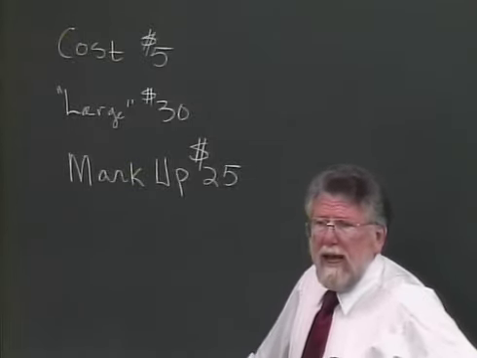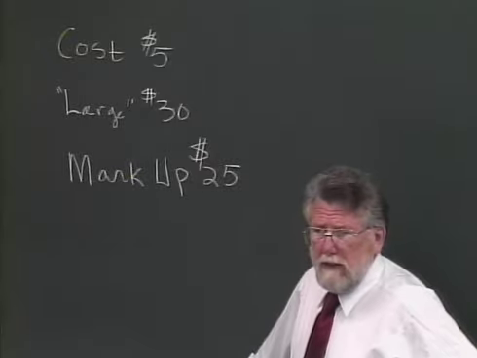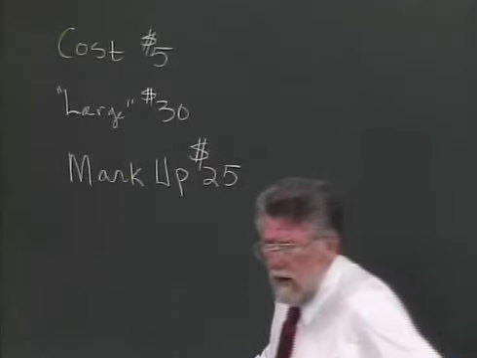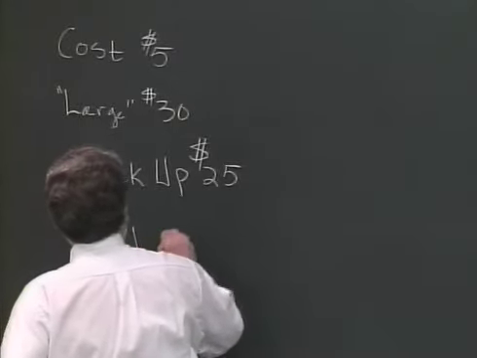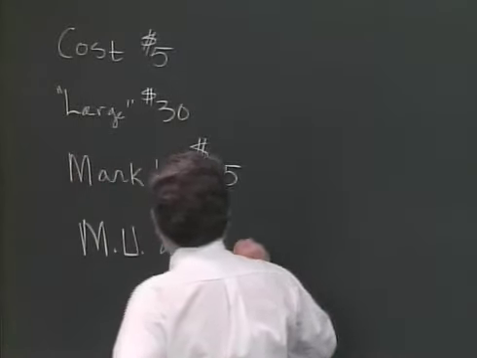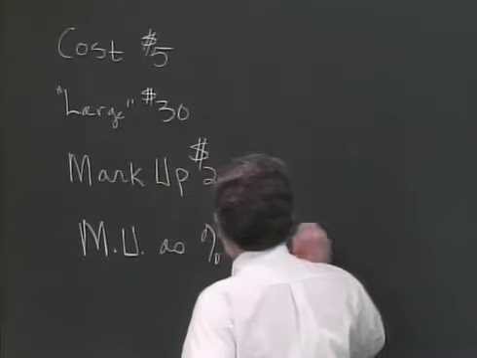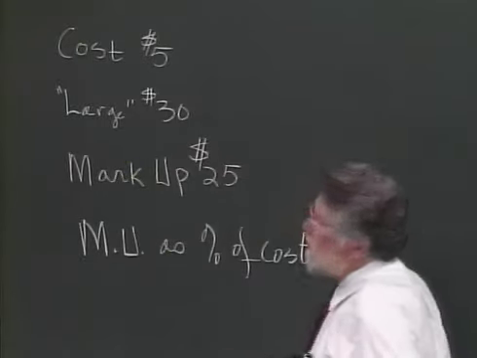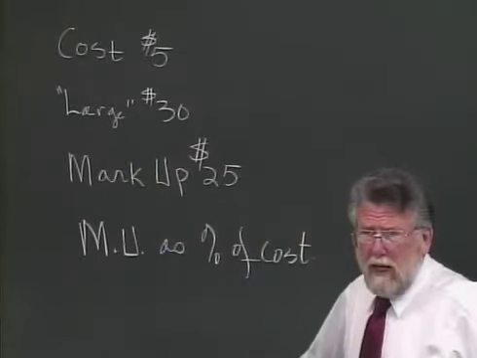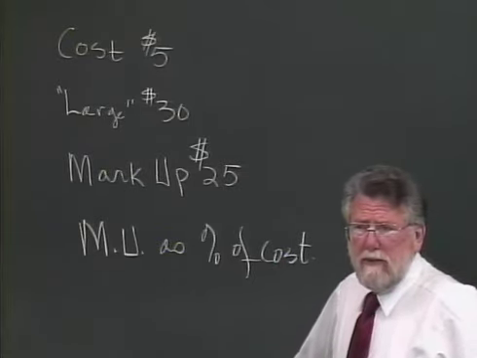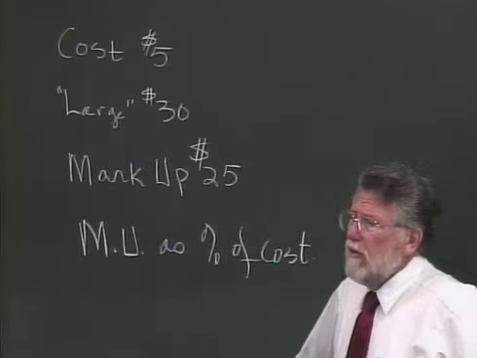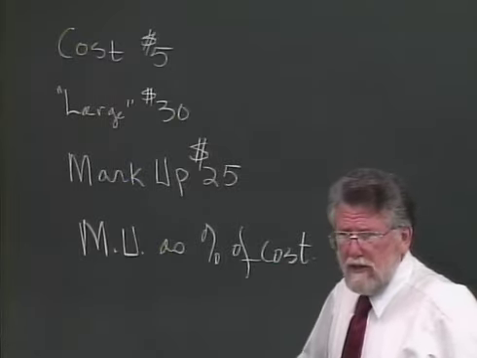But the markup as a percent of cost is what? So the question is, markup (MU) as percent of cost. Isn't that like 75%? Oh, I want the percent, correct? Of cost. So I take the part that is the markup, put it over the whole, which is the cost.